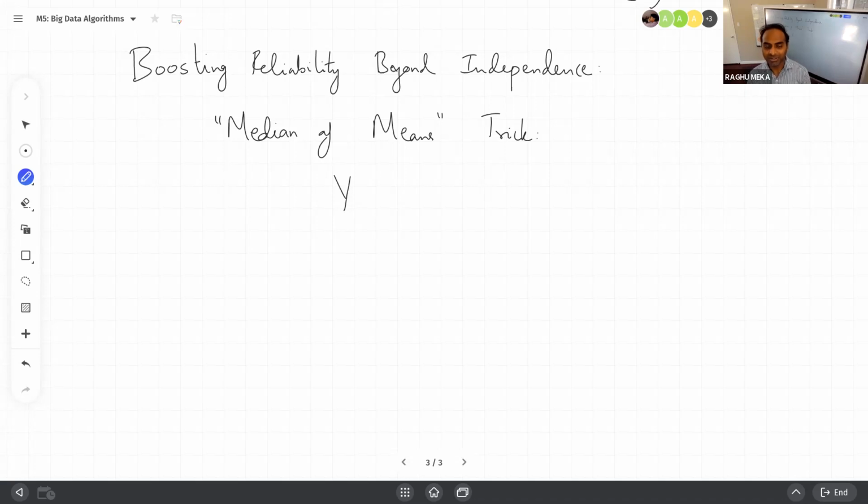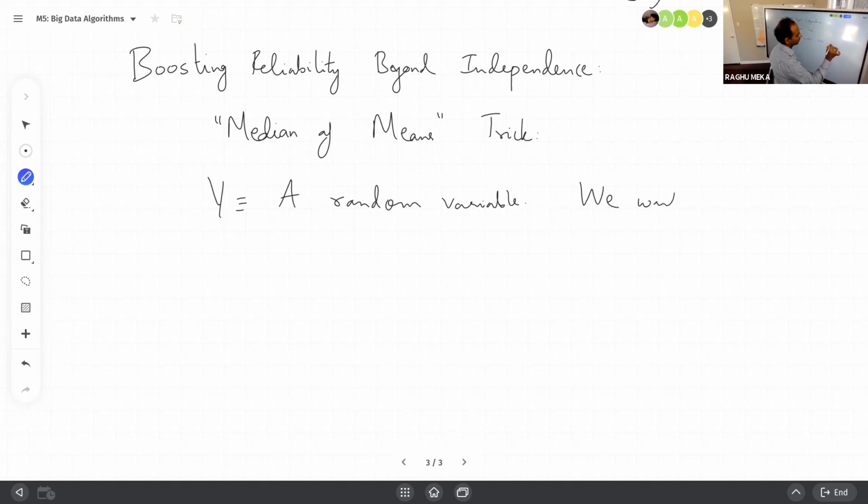But the best thing is as follows: I take S2 copies. Let me write it. Y, a random variable, we want to estimate the expectation of Y.